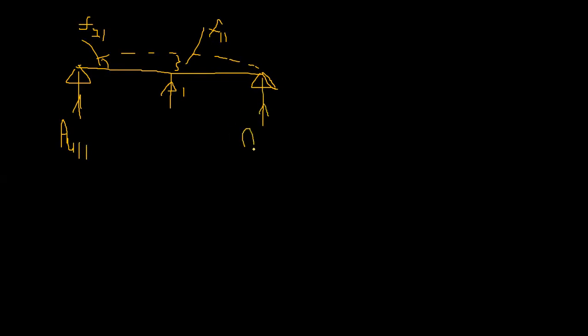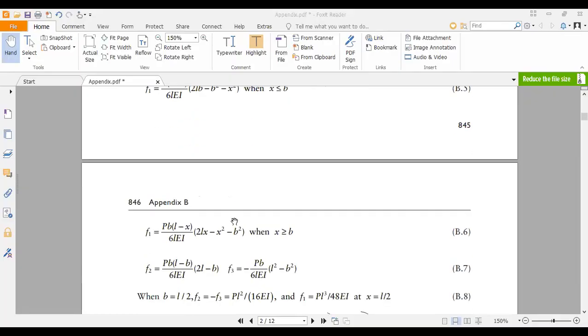So here the action of 2 due to the redundant unit load at redundant coordinate 1, right? So if it is F1, we need to again consider the appendix, right? So go back and here.